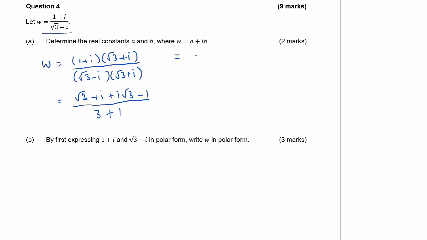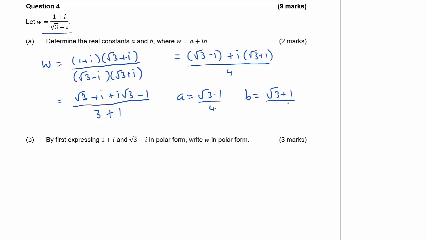So, getting the real parts together, we've got root 3 take away 1, and then we've got i into root 3 plus 1, and that's all over 4. So a is equal to root 3 take away 1 over 4, and b is equal to root 3 plus 1 over 4.